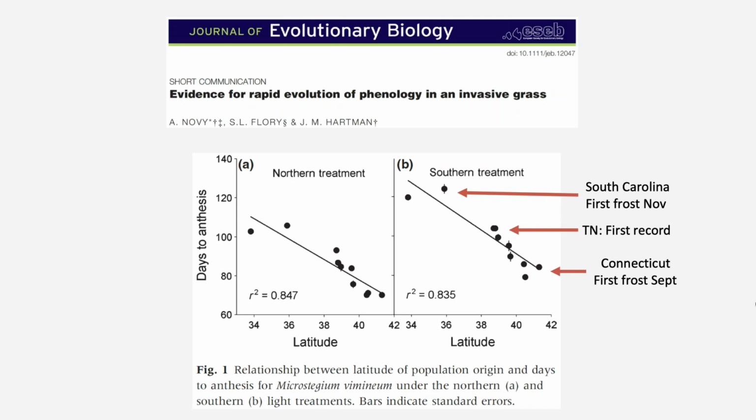And this is important because the longer Microstegium grows before it flowers, of course, the larger it is, and we know the larger the plant is, the more seed it produces. So there are potentially significant implications here for the spread and impact of Microstegium. So this is one example where the long-term dynamics and impacts of this invader could be influenced by evolution of the species.